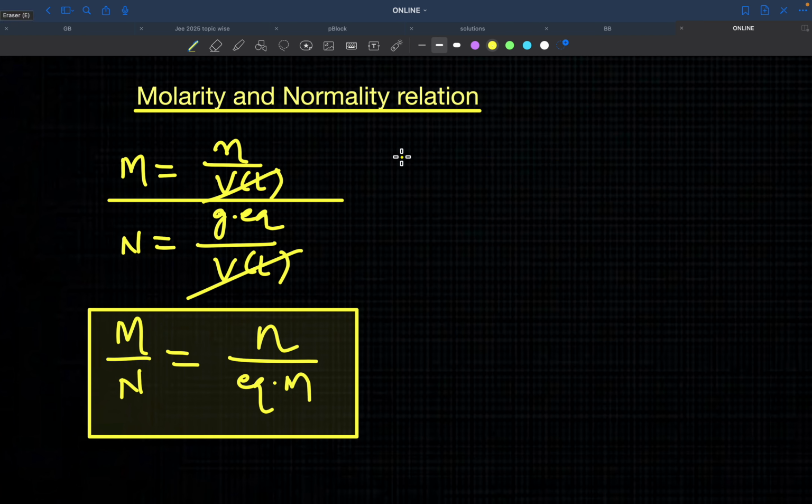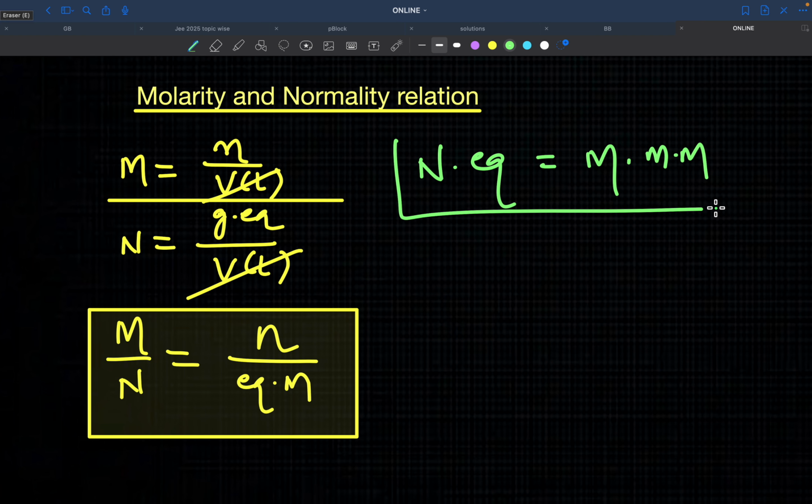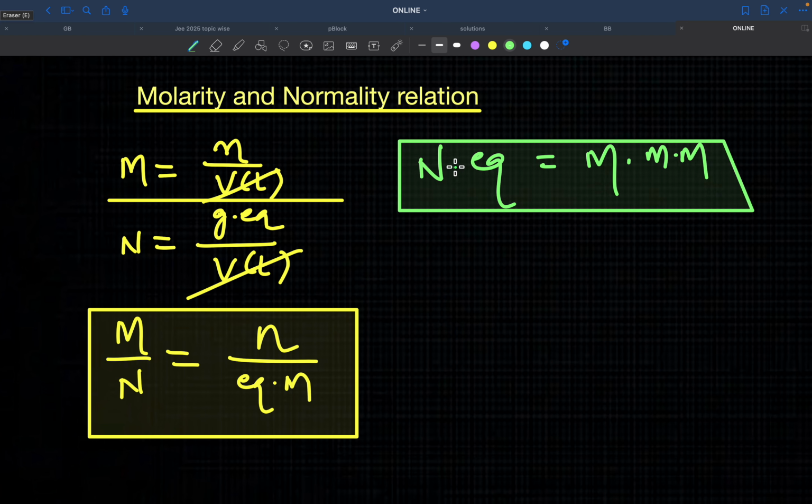Or I'll give you the simple relation. Normality we always calculate with equivalent mass, which is equal to molarity into molar mass. The final relation is this: normality multiplied by equivalent mass equals molar mass into molarity. So normality equals molarity into molar mass by equivalent mass.